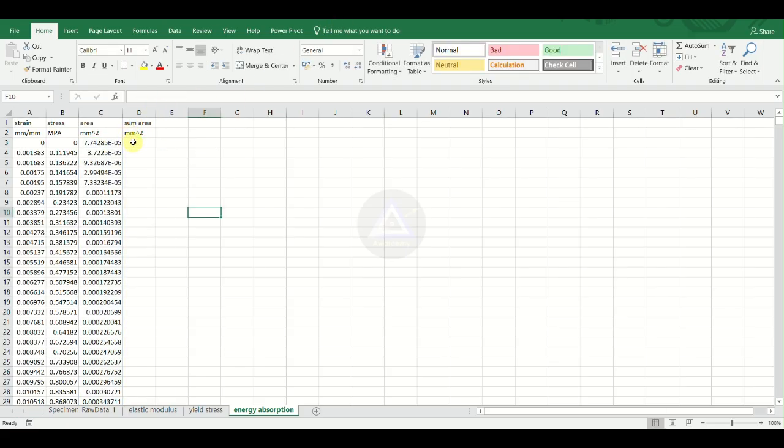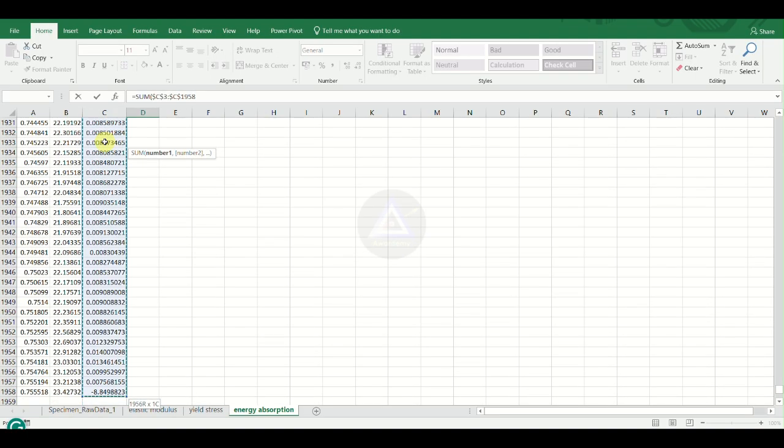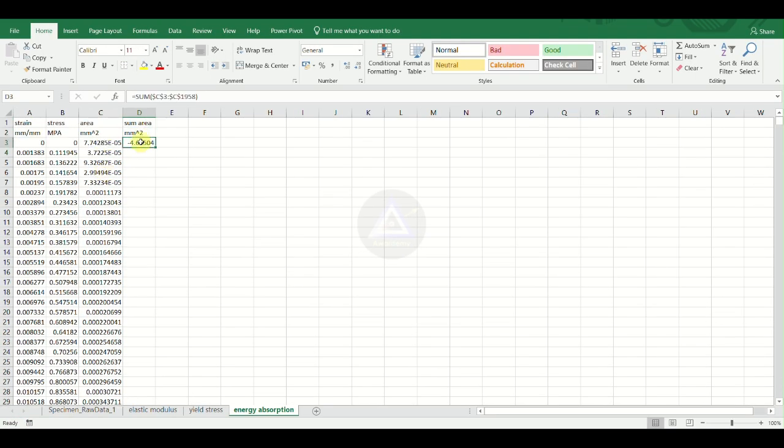So for that, just press and use the sum function and consider this area as our initial value. So we are adding this particular strain area plus the next area value. Just press shift and colon. Just wait. Just press and make it a constant value.